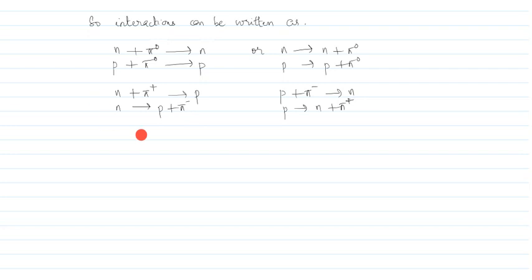So you look at all these equations to check whether they are balanced in charge. This is how nucleons interact via nuclear forces: by exchanging particles called pions. So pions are the mediators of nuclear forces. Thank you.